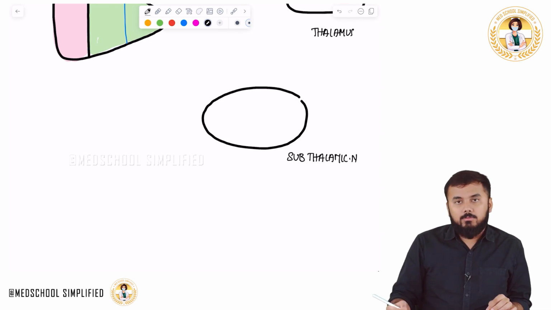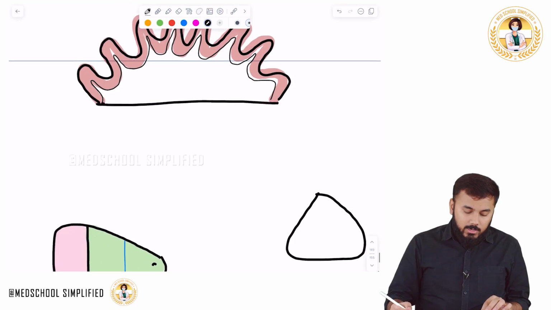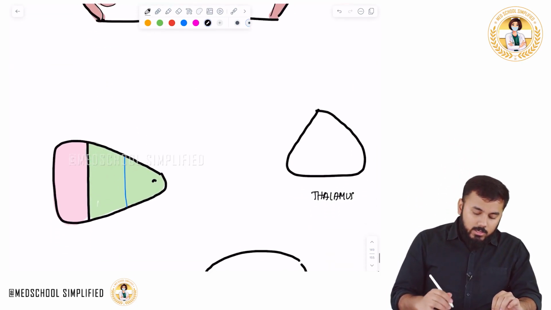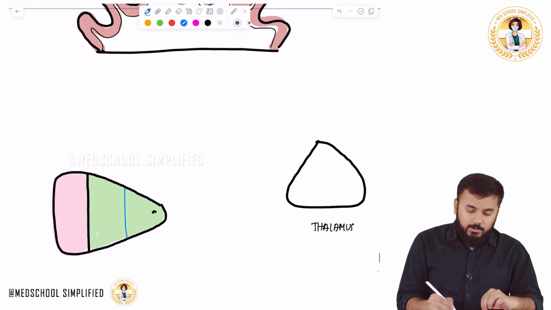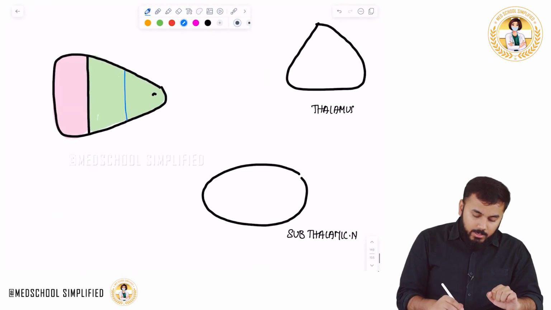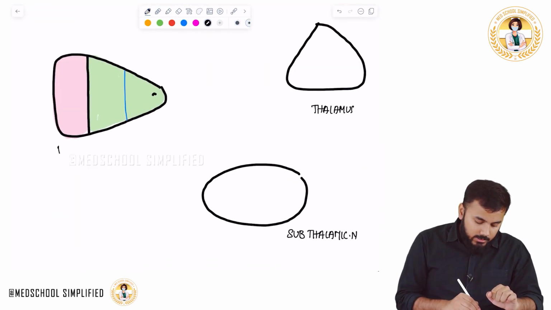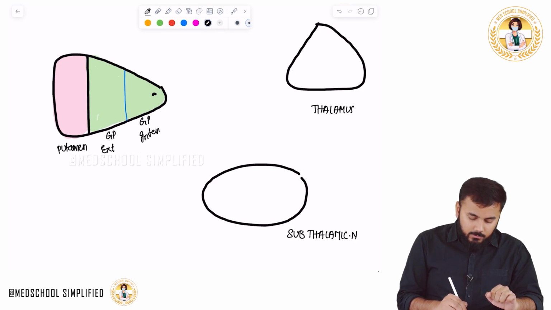Now, let us look at the pathway. First important thing is that let me write down these things also: this is your putamen, globus pallidus externus, globus pallidus internus.